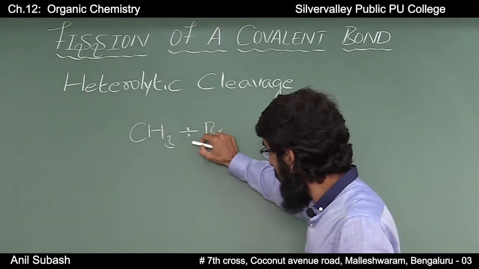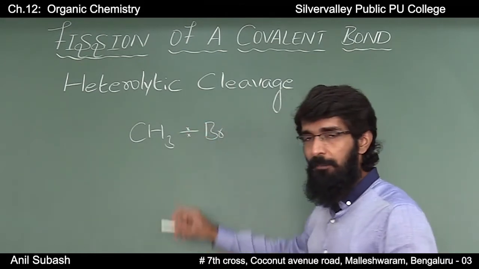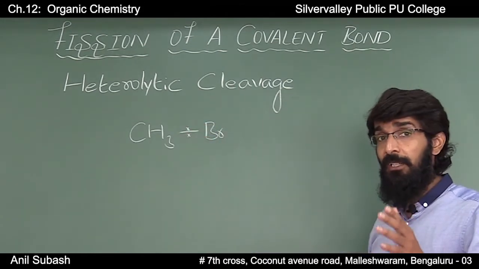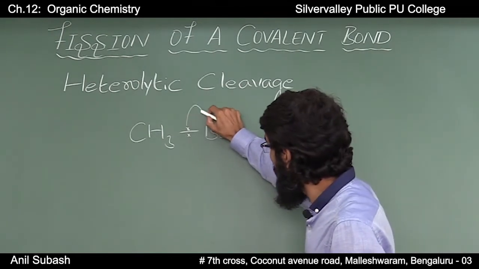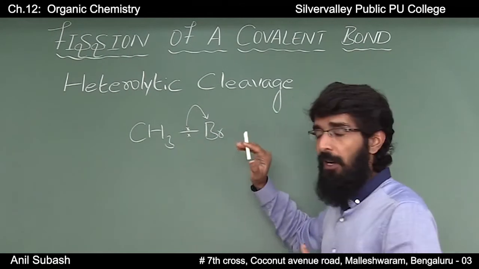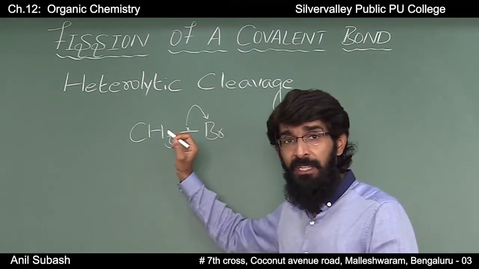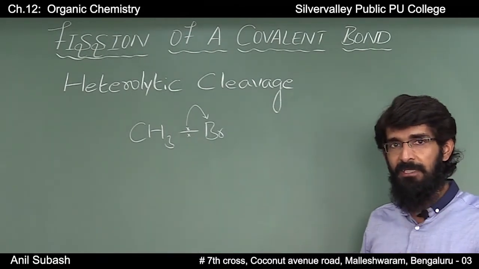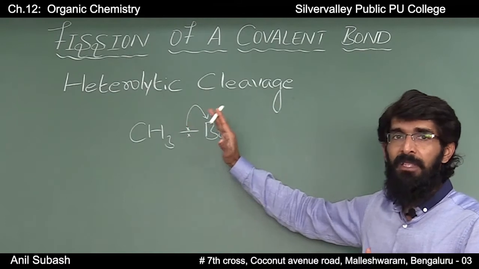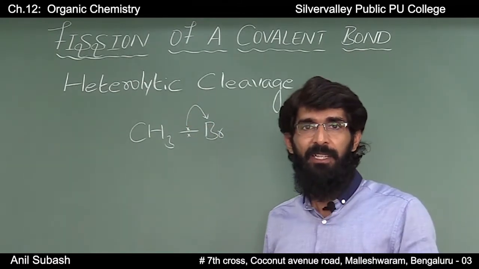Even though the electron pair is between carbon and bromine, whenever the bond breaks, both the electrons of the pair will move along with bromine. Even though it's a shared pair of electrons, whenever the bond breaks, the shared pair will go with one of the leaving fragments.